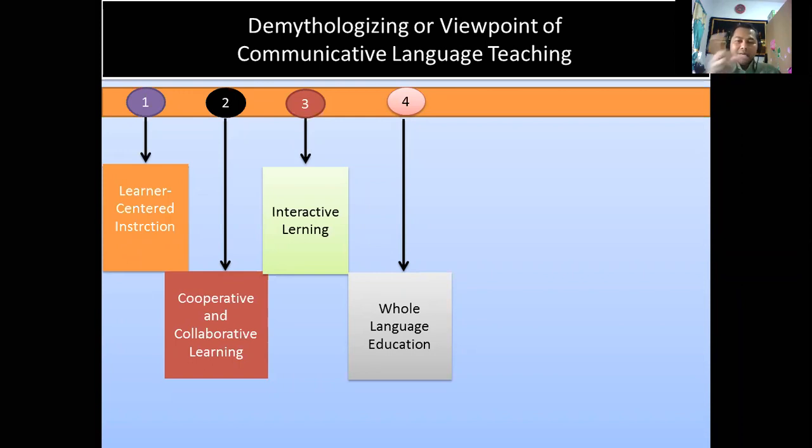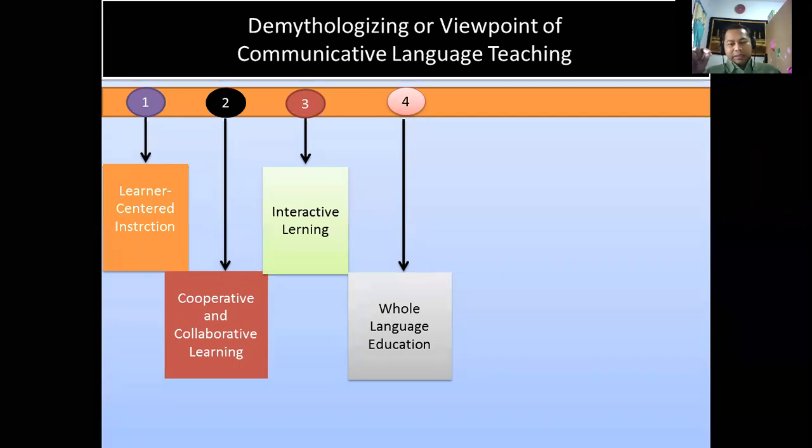The whole language education is how the students can use the language both in class and outside the classroom. The same thing when we learn English, it's not only used in the classroom, but how can we use the language, English in this case, outside the classroom. So these are more principles to implement communicative language teaching.